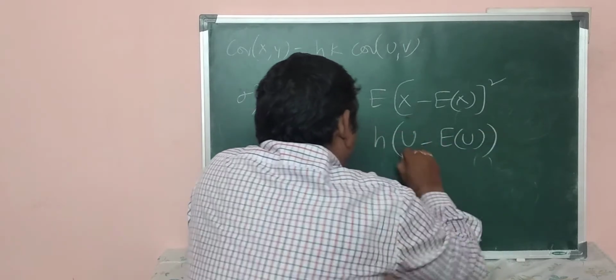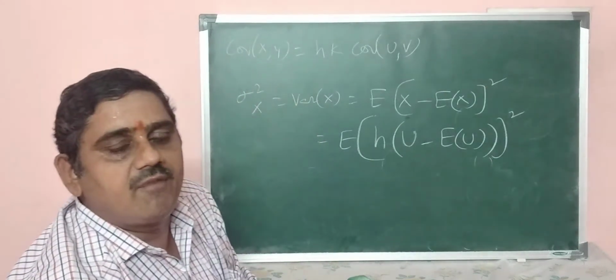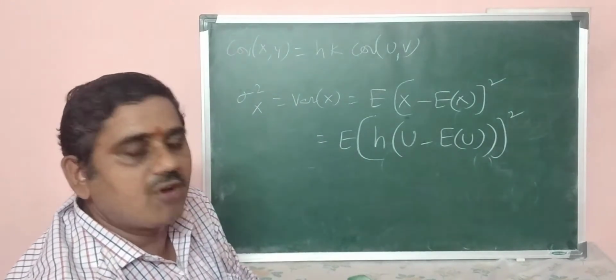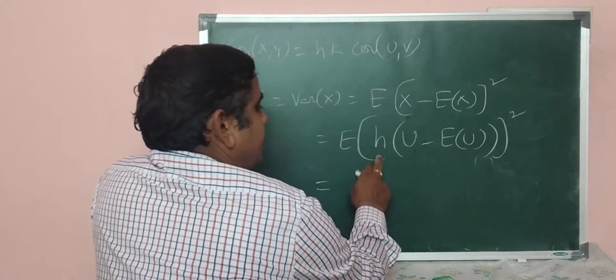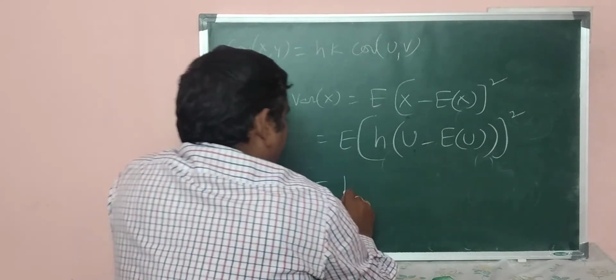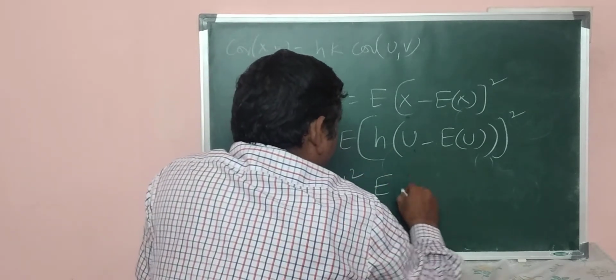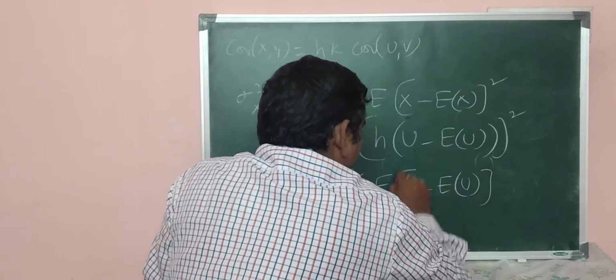That's what we have calculated in shifting the origin and scale. The variable you have considered is u, for which you have this result, right? So it is equivalent to h whole square, h square. I'm taking it outside of expectation. Therefore, h square into expectation of u minus expectation of u the whole square.